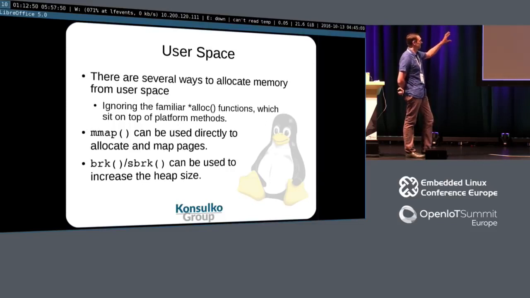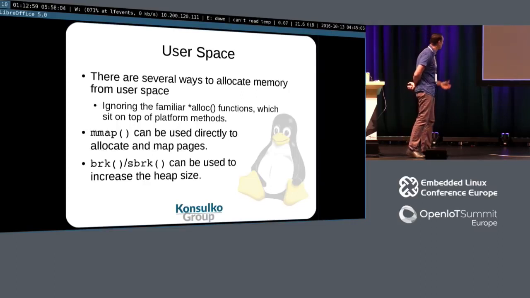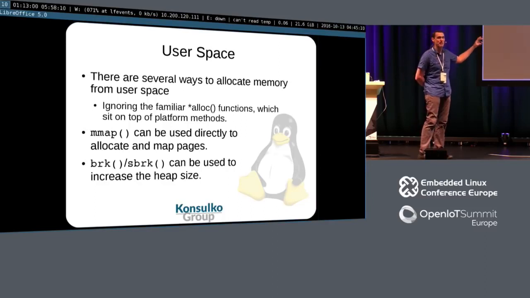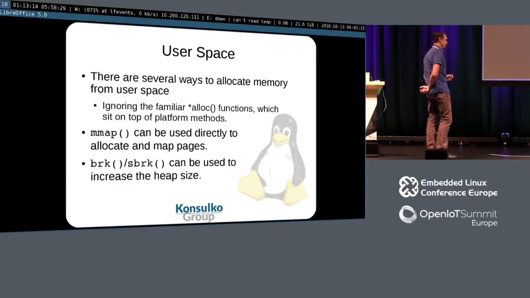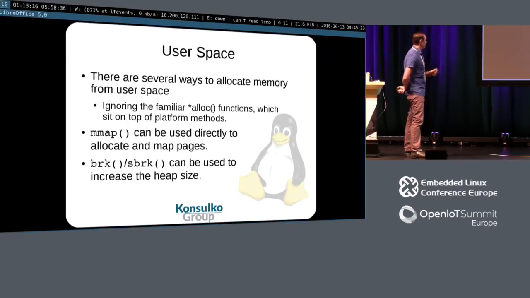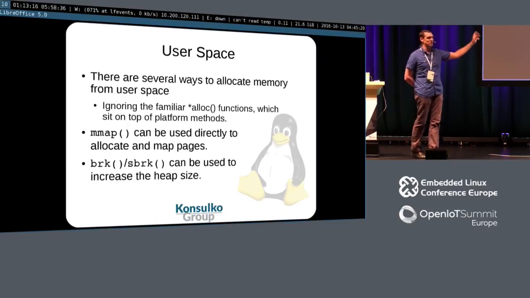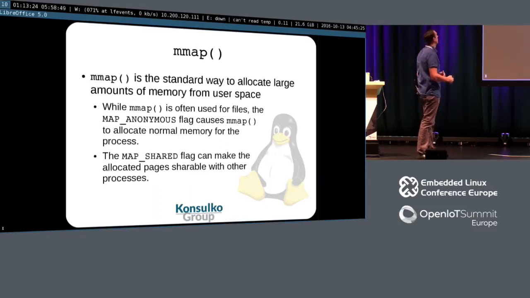We've got our family of alloc things, and I've referenced them a couple times verbally. We know that we can mmap to directly allocate and map pages. We often see that to map some peripheral I/O if we're hacking around, not doing proper kernel drivers. We have brk and sbrk where we can modify the heap size.